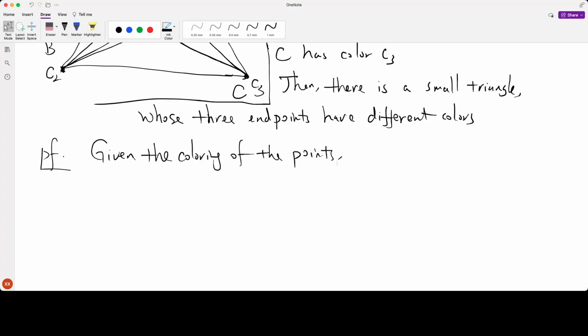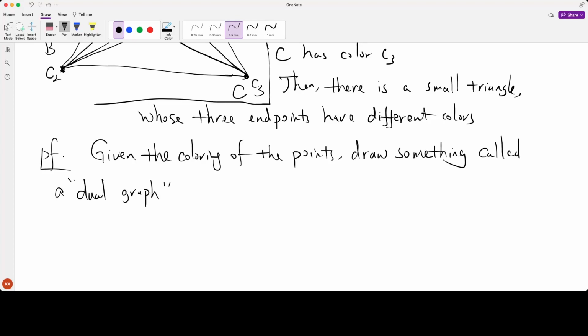And then we will draw something called a dual graph. This notion will become important later when we study planar graphs and the four color theory.